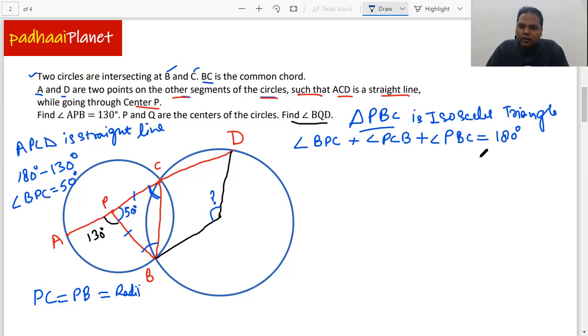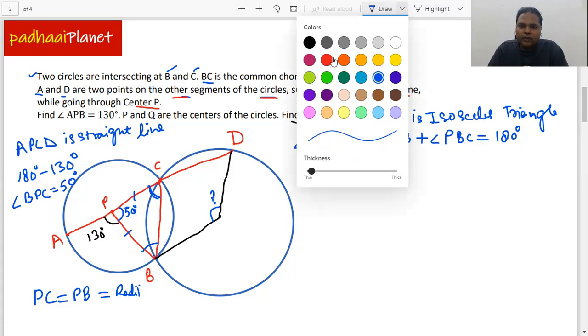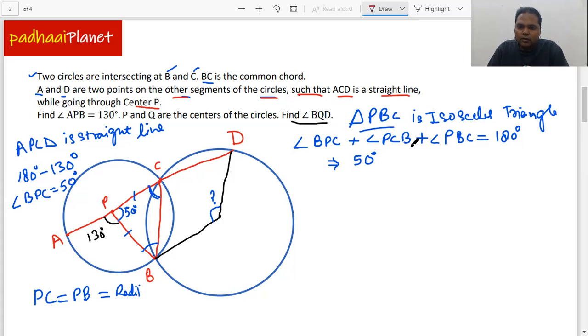So this is how we can write, and angle BPC can be written as 50 degree, because we just found that out. Now we have already proven that these two angles are equal to each other.